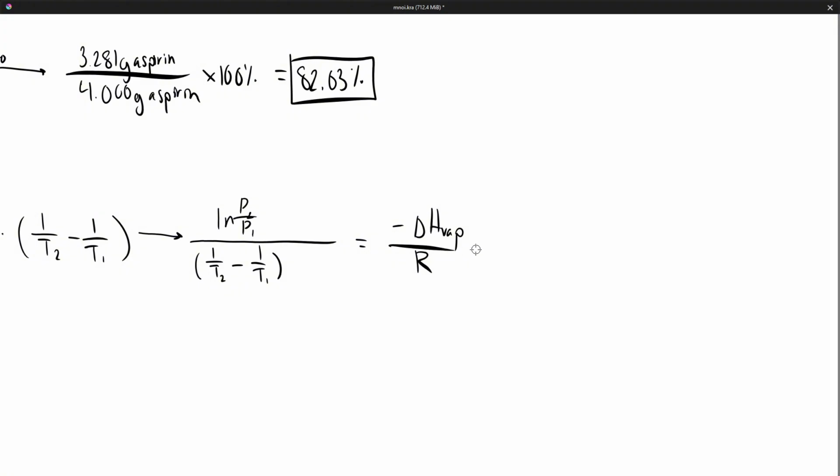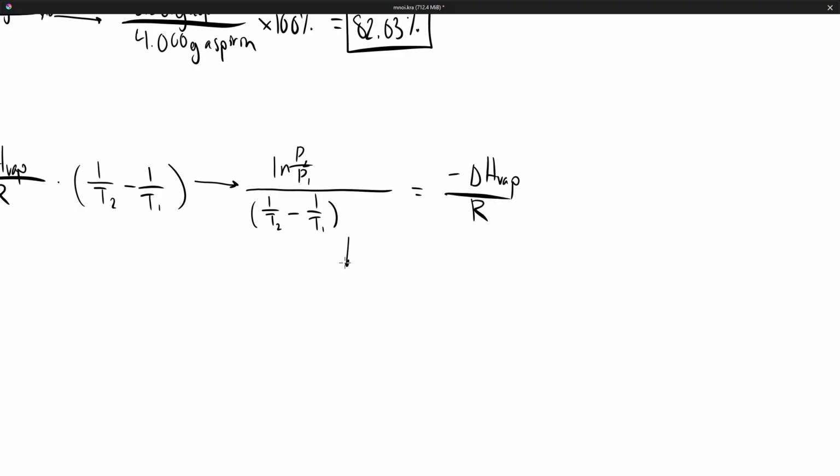So now multiply both sides by R. That makes ln P2 over P1 times R over the inverse change in temperature equals negative heat of vaporization.